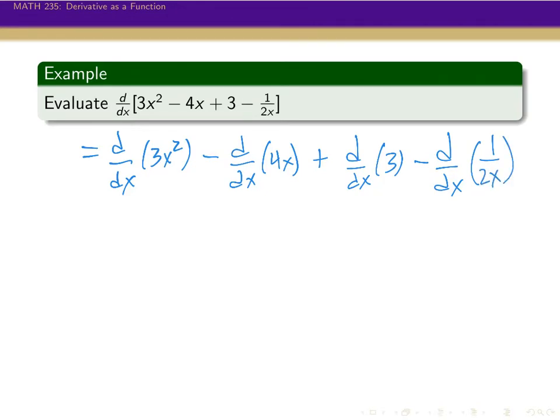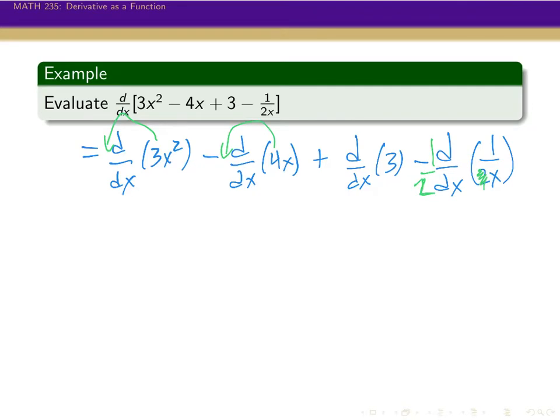Each of these have constants in them, so we can just pull those constants out. For the last one, I'd be pulling out a 1/2, so I can get rid of that 2 and pull a 1/2 out.